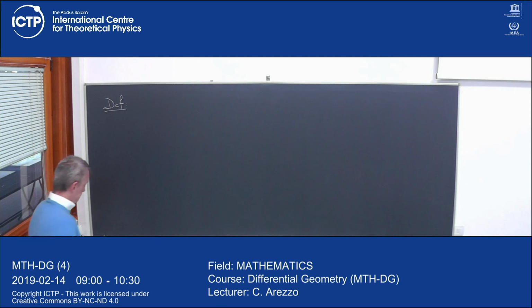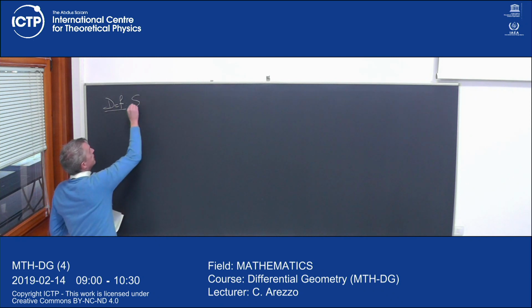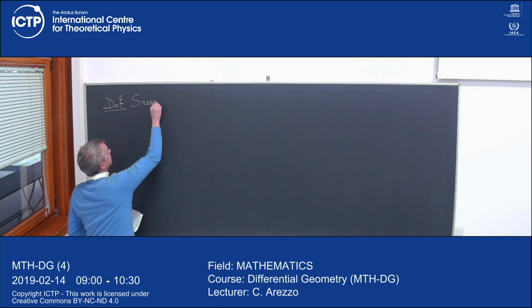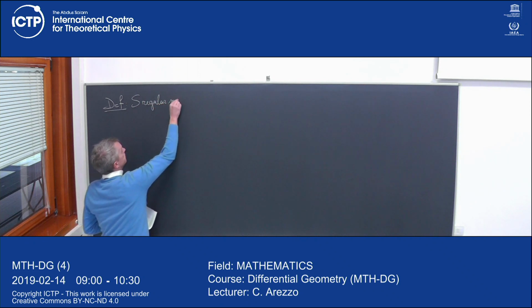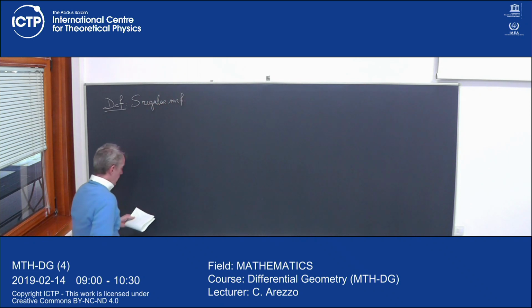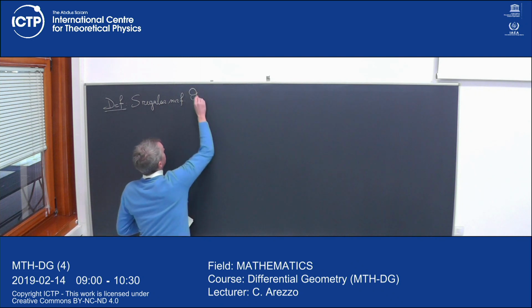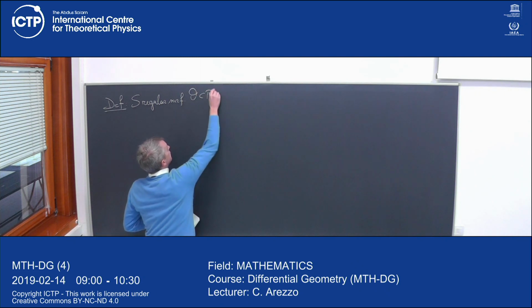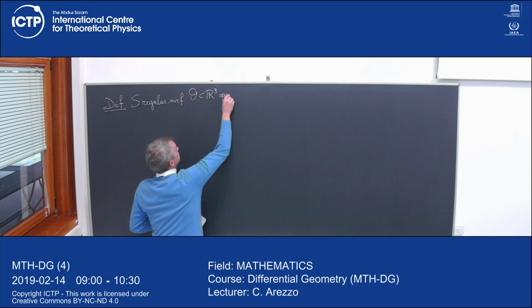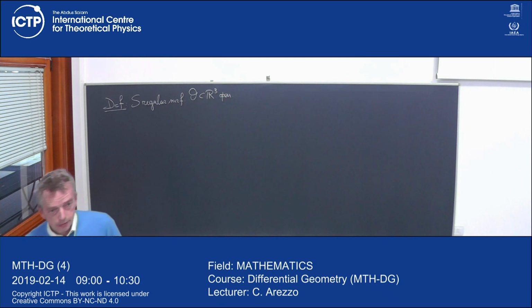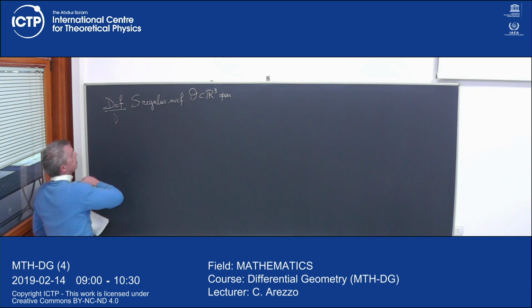Okay? So from now on, S is a regular surface, and let's say O is an open subset of R3. In fact, the first definition is the most delicate one.